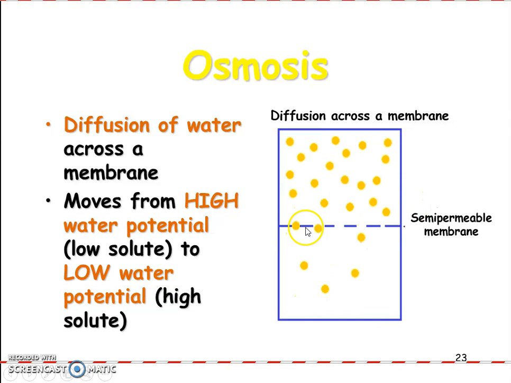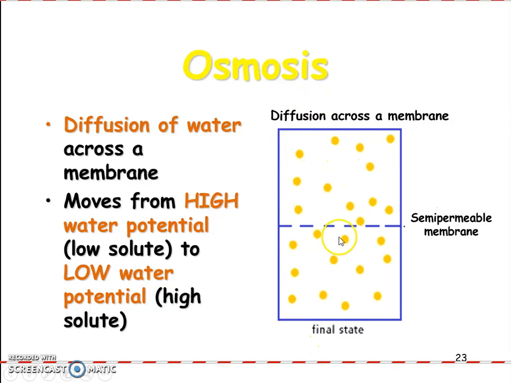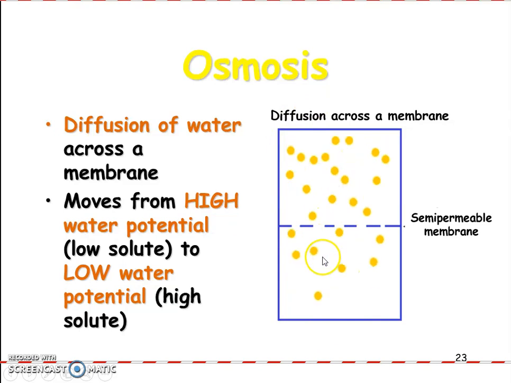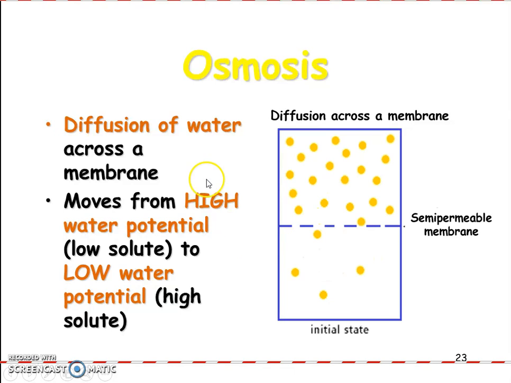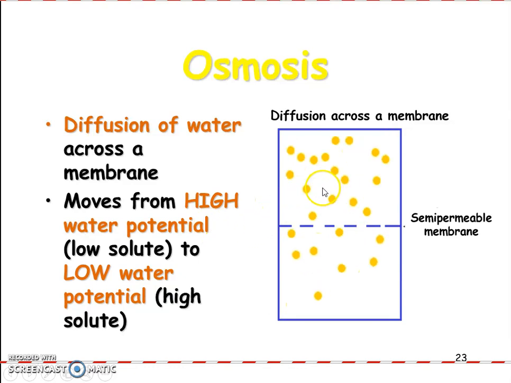It was through a semi-permeable membrane, and when you see the final state, on both sides the concentration of water is equal. So osmosis is nothing but diffusion of water across the membrane. And how does the water move? Water moves from a high water potential, where the quantity of water is high, to the low water potential.